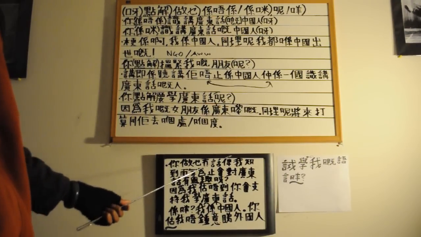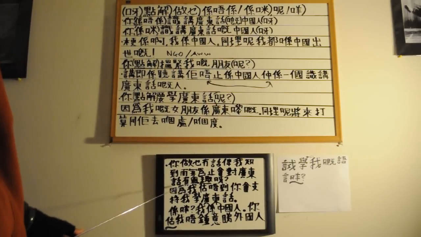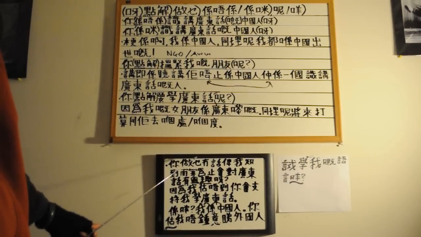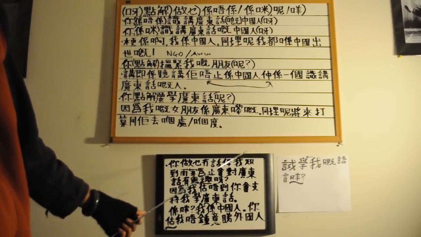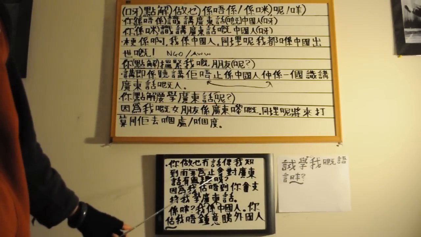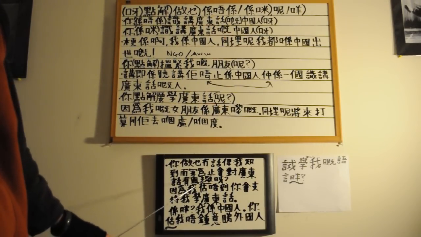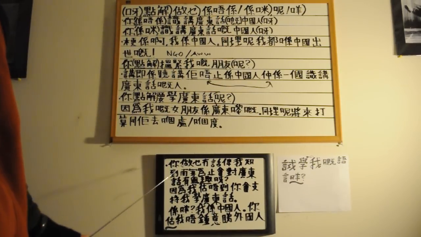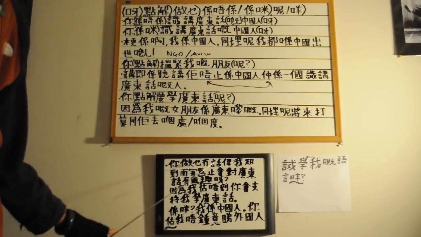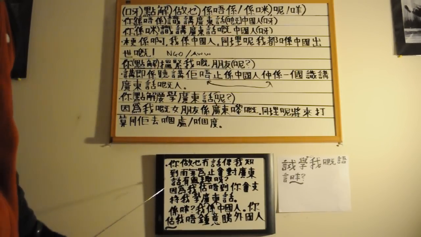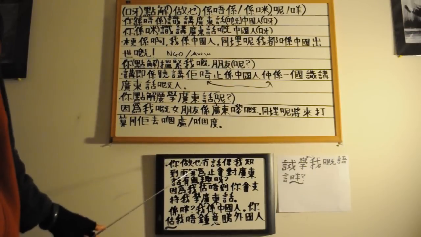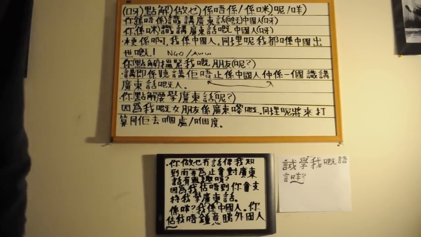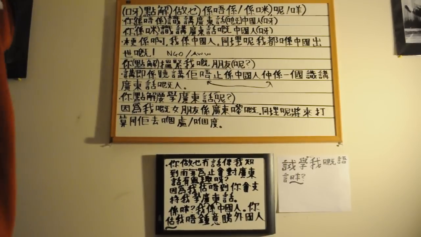So let me read it. 你做乜冇話俾我知？到而家為止會對廣東話有興趣啊？ So, translate this: how come you didn't tell me that up until this point you have an interest in Cantonese?